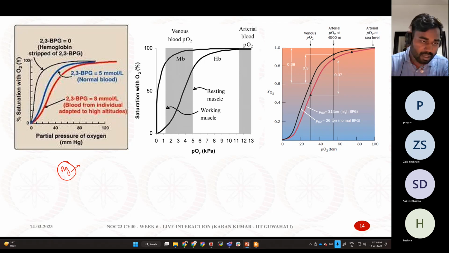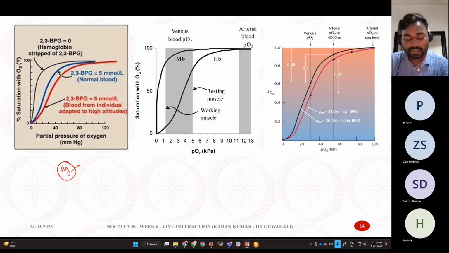So let us say you are climbing a mountain. When you are at the peak, the concentration of oxygen is lower or higher? Lower.